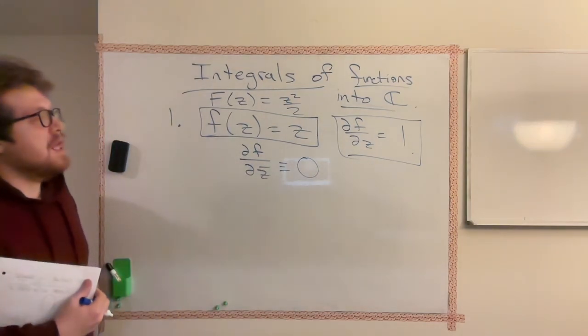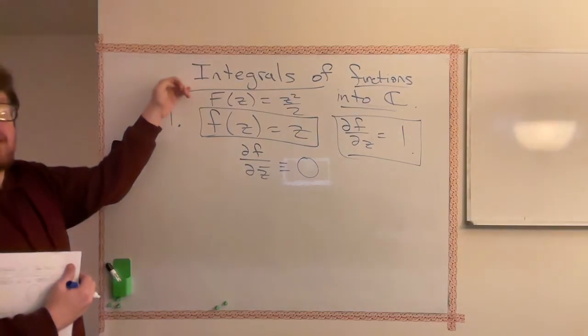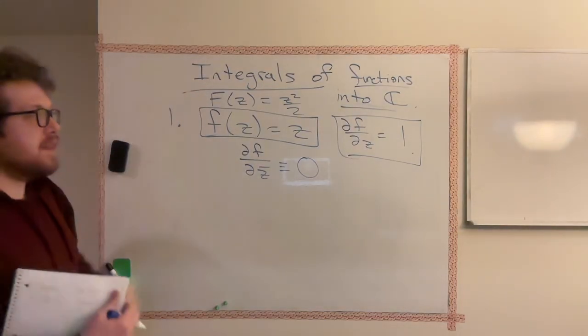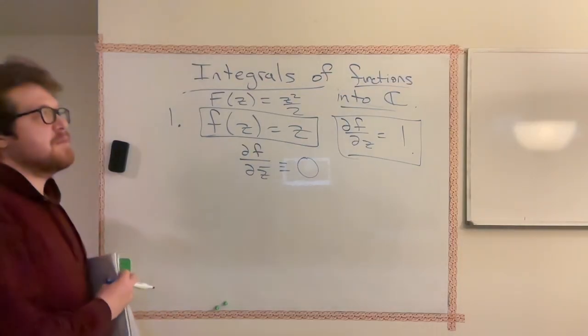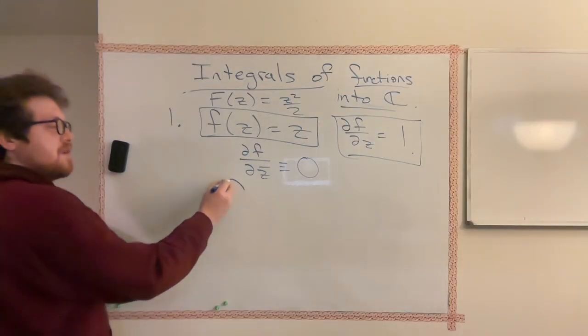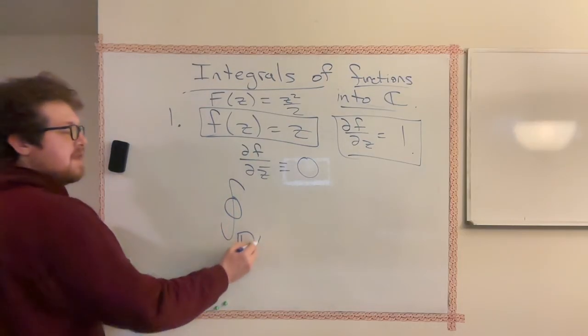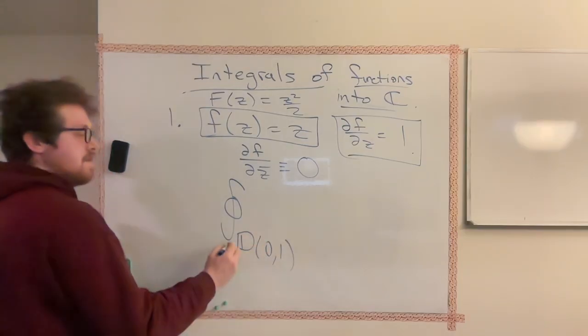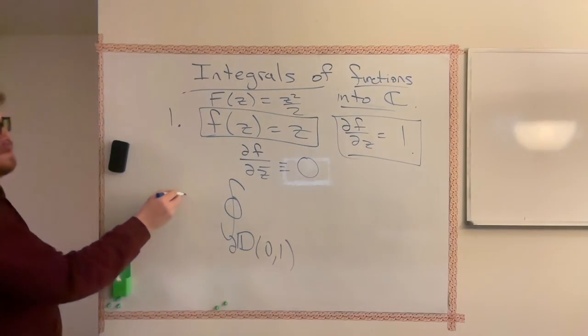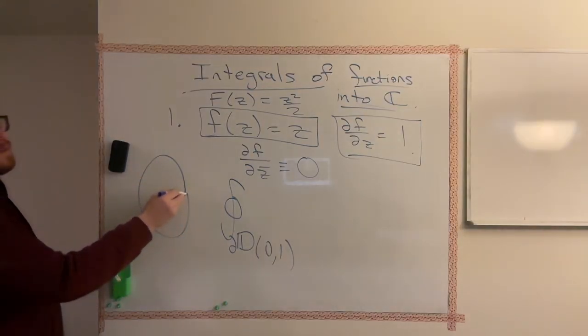So in this case, because it has an antiderivative, capital F of z, there's actually no need to even compute the integrals. So if we wanted to compute like what's the closed line integral around the boundary of, say, the unit disk, you'd write that like this. So that would be this path I was showing you before.